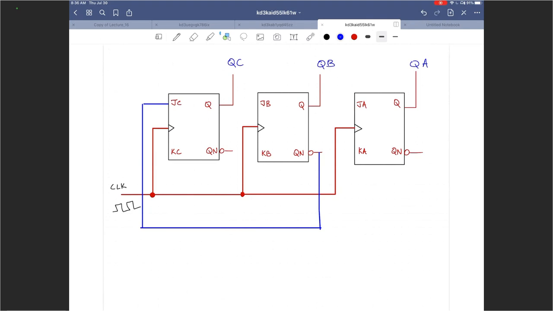So that would be QB complement going into JC.